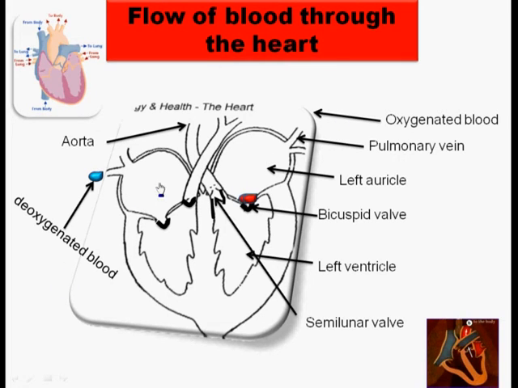Now it is going to enter the right auricle. Good? Or right atrium for some books. Notice it enters. So once again, the function of these two top chambers of the heart is to receive blood, which is the left auricle and the right auricle.